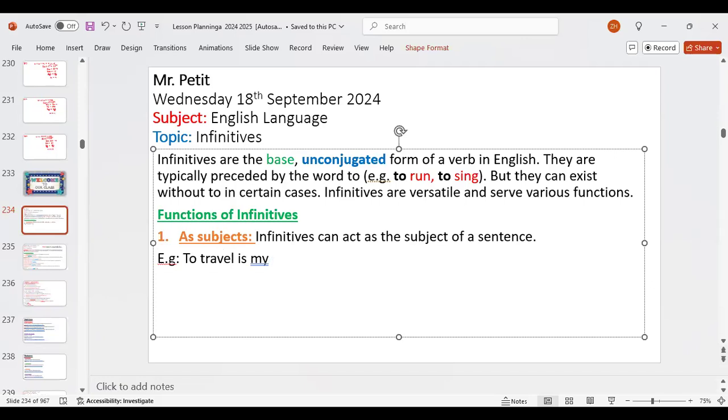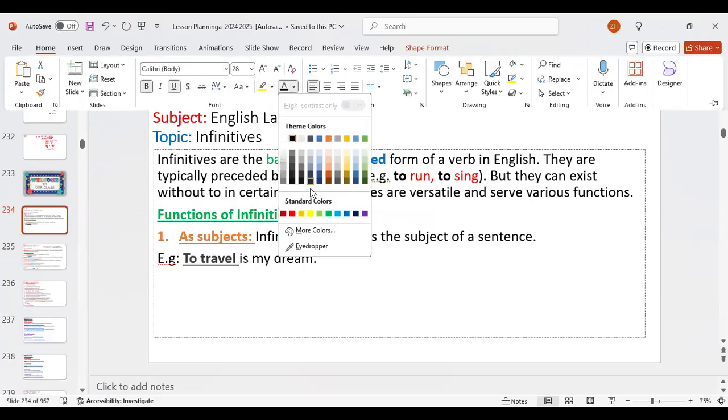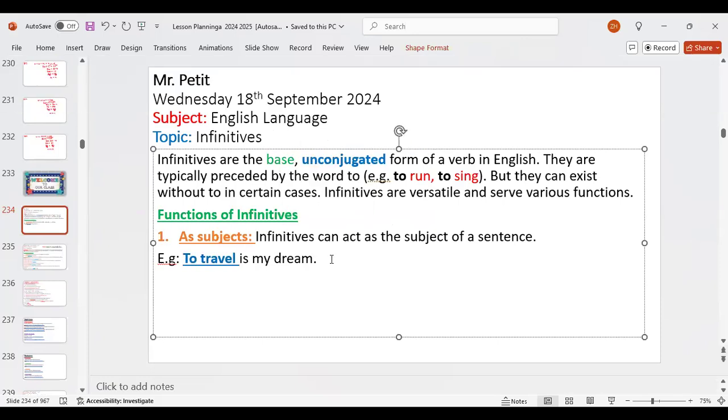To travel is my dream. All right. And what is the infinitive in this case? To travel. And we know it because to is in front of it. So that's one of the functions of an infinitive. It can serve as a subject.